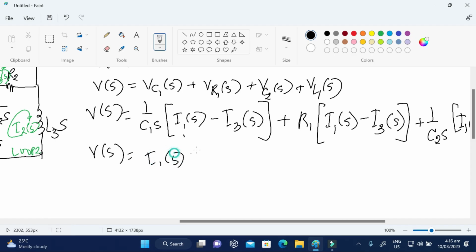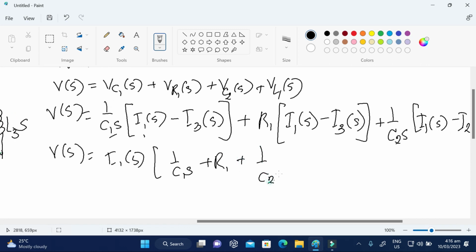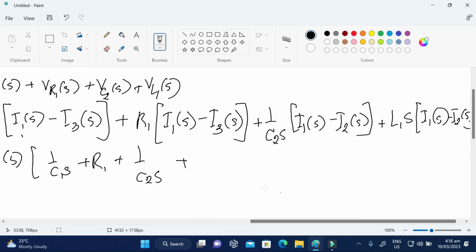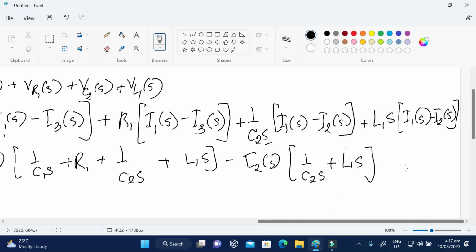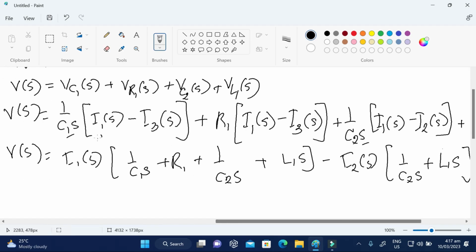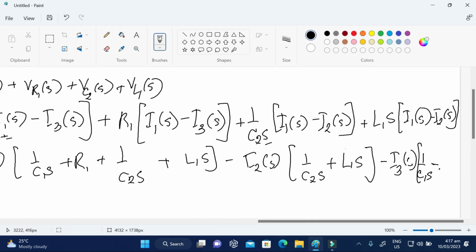For I1S, we have 1 over C1S, then R1, plus 1 over C2S plus L1S. Then for I2S, all are negative, so we have 1 over C2S plus L1S. Then for I3S, minus 1 over C1S, and minus R1.